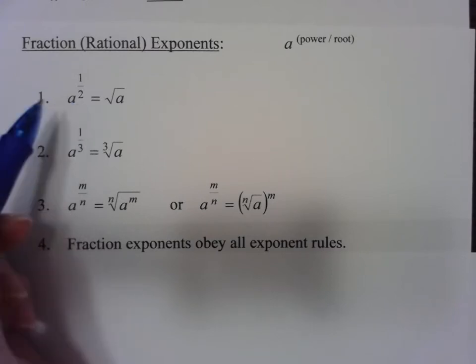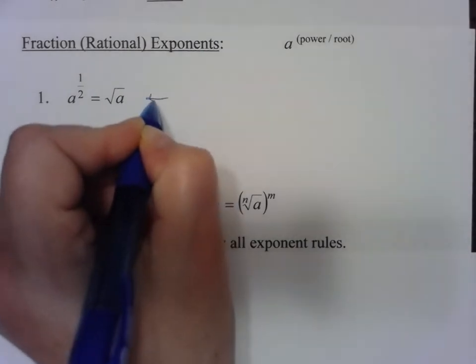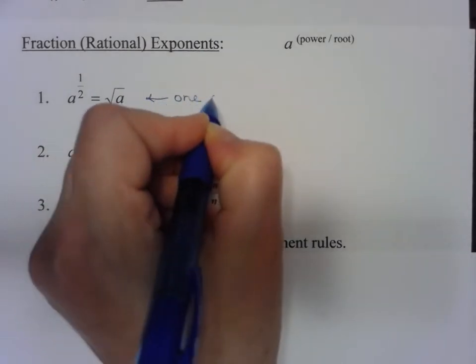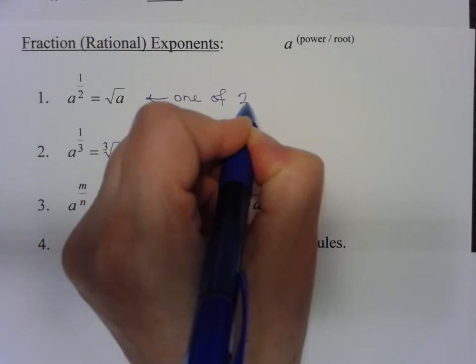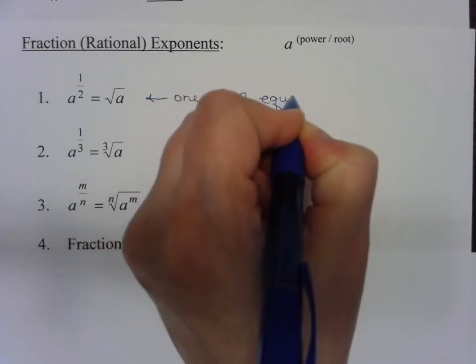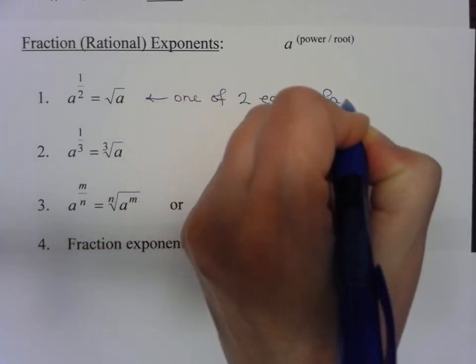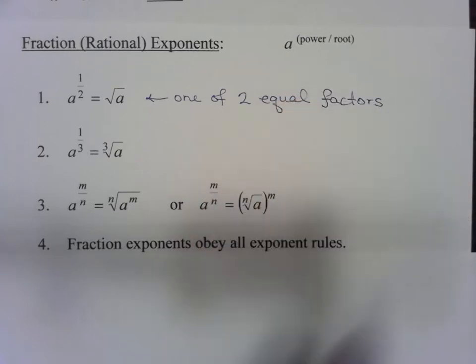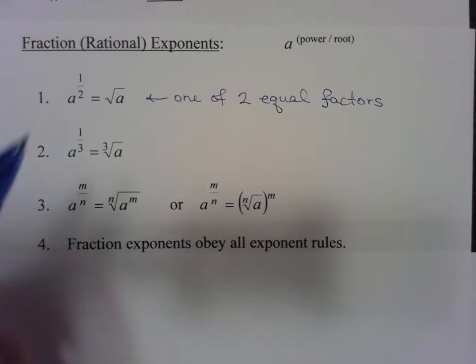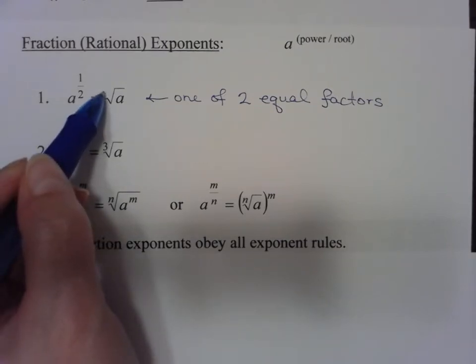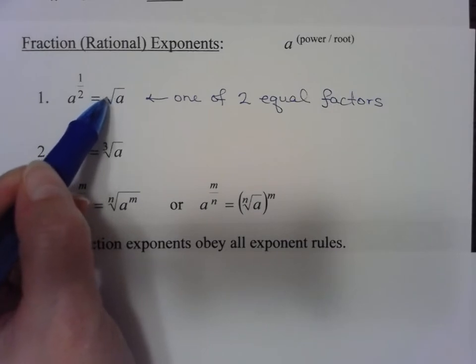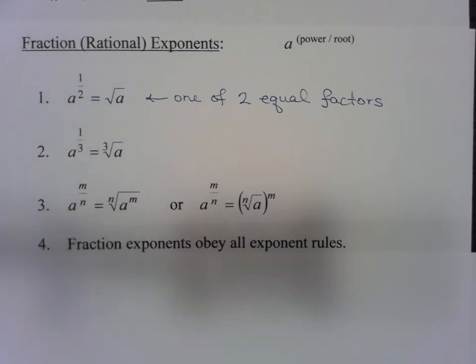You can think of this 1/2 as one of two equal factors, right? 1 out of 2. And so that's kind of where that comes from. We also talked about, even though we don't usually write it, there is a little 2 right here out front. So you could kind of track it that way, kind of let that 2 represent the root that we're using.